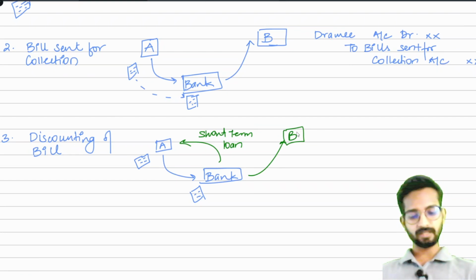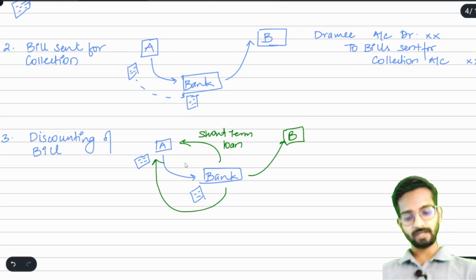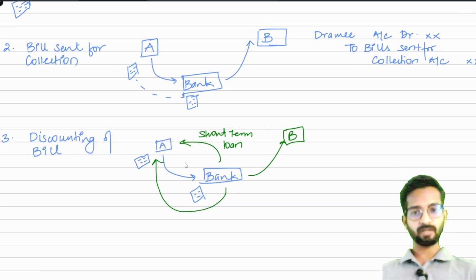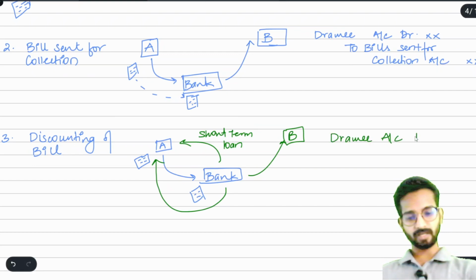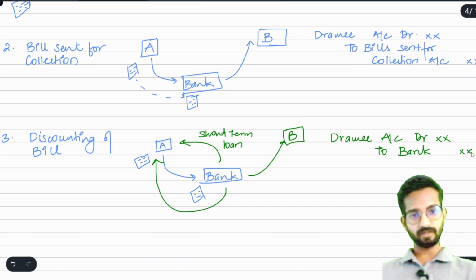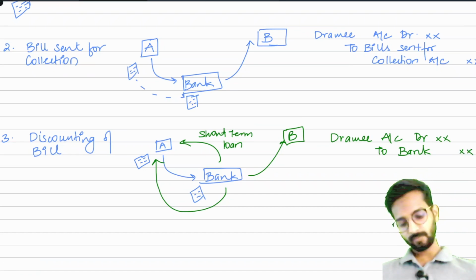B is not paying anything. So the bank will come back to us and say give the money because B is not giving me the money. So we will write drawee account debit. Remember this, whenever it is dishonored, drawee account will be debited in the last entry. Drawee account debit to bank. Why bank? Because I have to pay the money to the bank. And from whom will I take that money? From the drawee. Very simple.